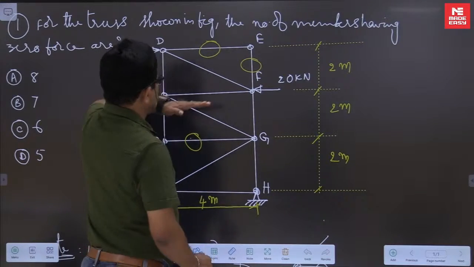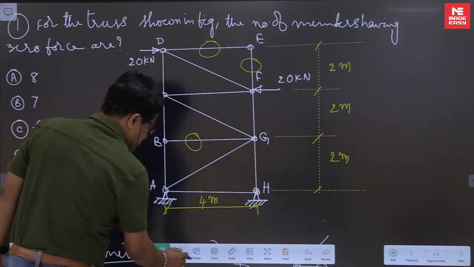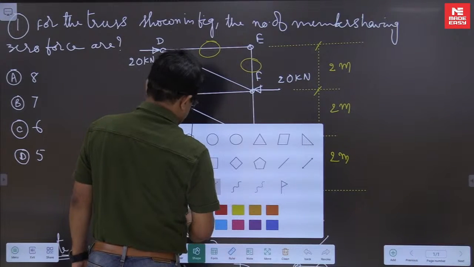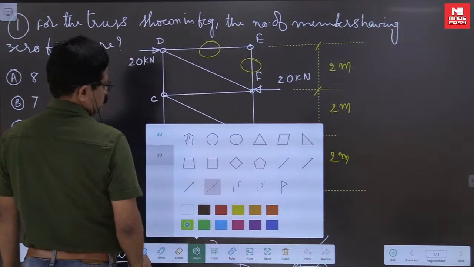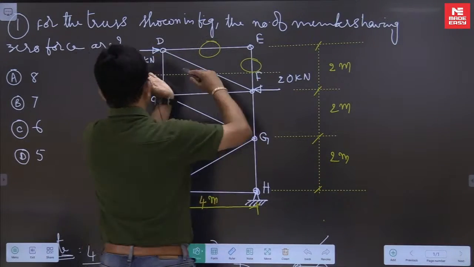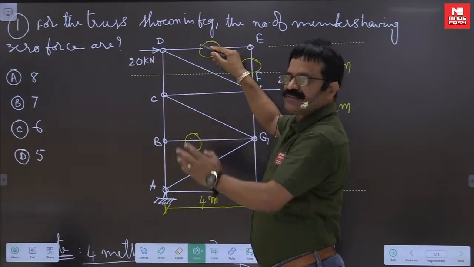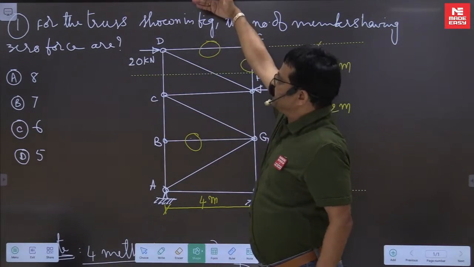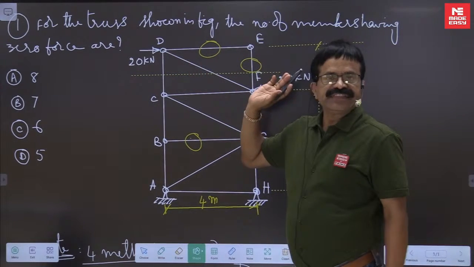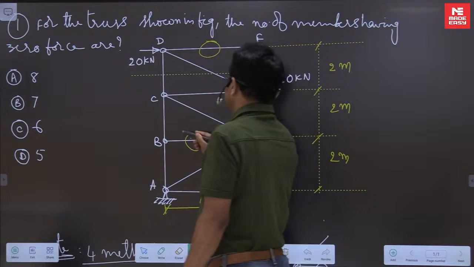Next, panel shear. Take a section here. Stand here, look one side. There is 20 kilonewton. If panel shear force here is 20, that means force in this member is not zero.